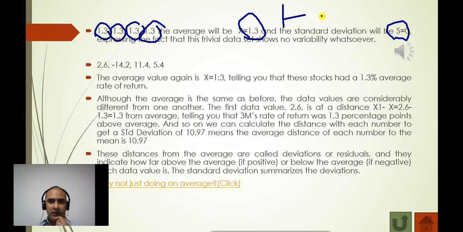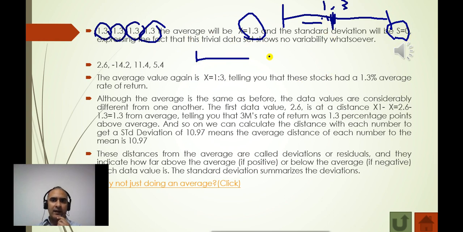Because all the values are at 1.3. There's no distance because everybody is already here. So the average is 1.3 and the standard deviation is 0 because they are all located there.